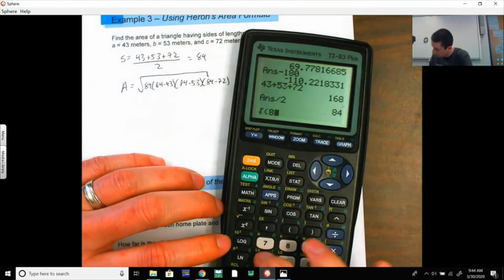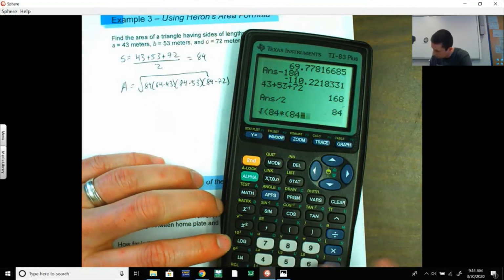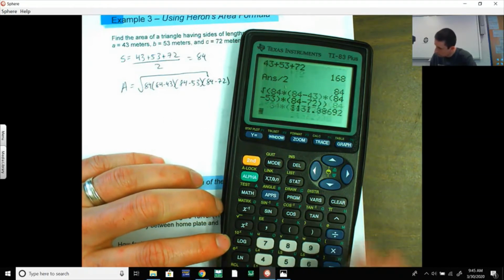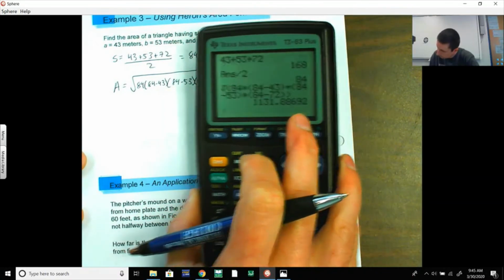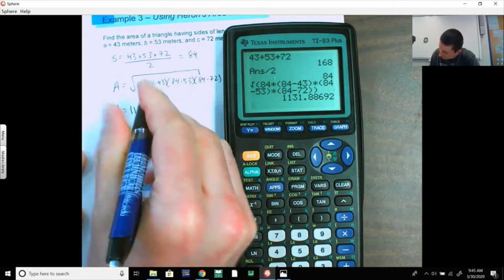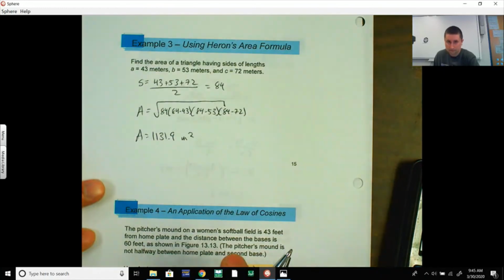We have to use parentheses with this unless you do it in your head. And if everything's correct, A should be 1131.9 square meters. Okay, there, not far.